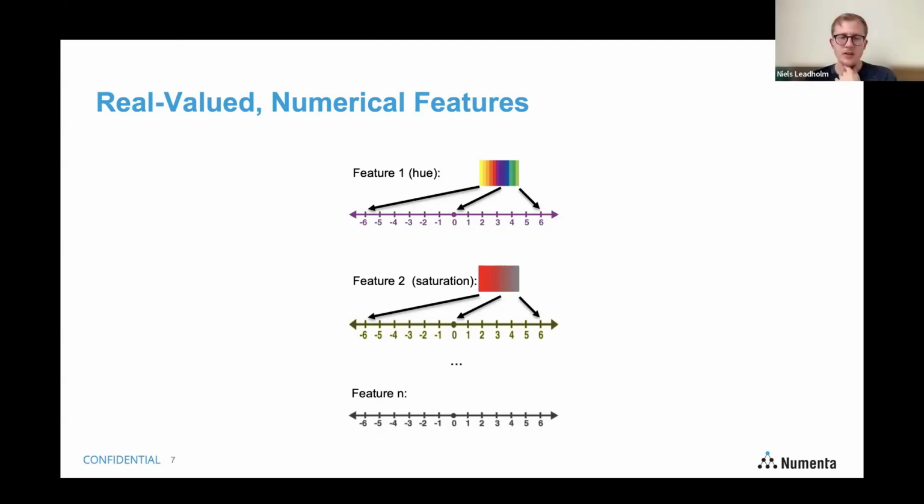Or not doing them everywhere, because I think we might do a mixture of approaches at least to begin with, where we could take hue, and we could use a hashing algorithm to map that to SDRs, so that two different hues, the more similar they are, the more overlap they have in their bits, and so forth. But I don't know if there's necessarily that much of a benefit at this point to doing that.